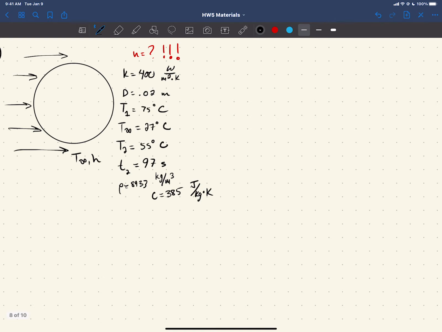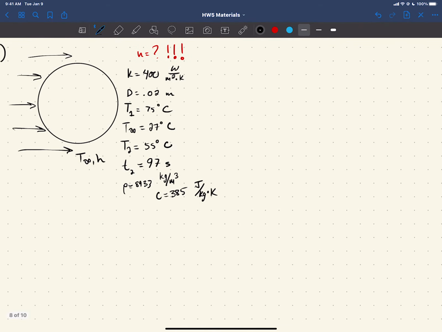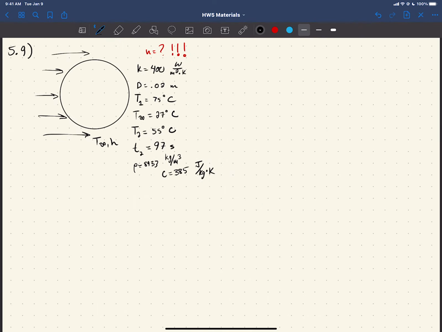All right. So 5.9. We're on to 5.9. It says the heat transfer coefficient for hydrogen flowing over a sphere is to be determined by observing the temperature time history of a sphere fabricated from pure copper. The sphere, which is 20 millimeters in diameter, is at 75 degrees Celsius before it is inserted into the gas stream, having a temperature of 27 degrees Celsius.